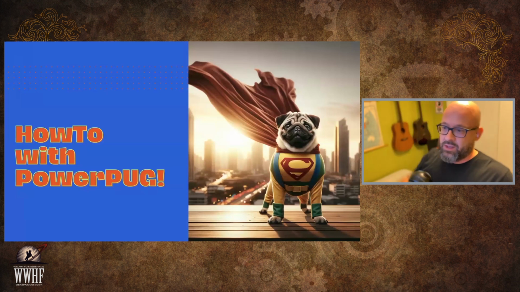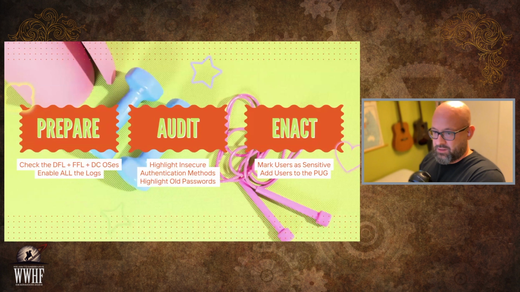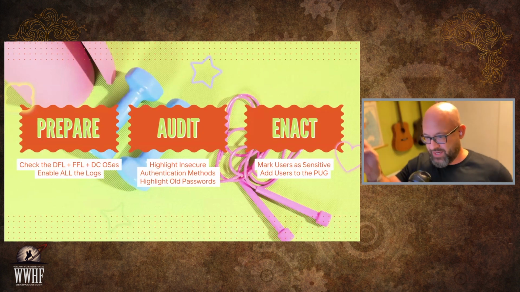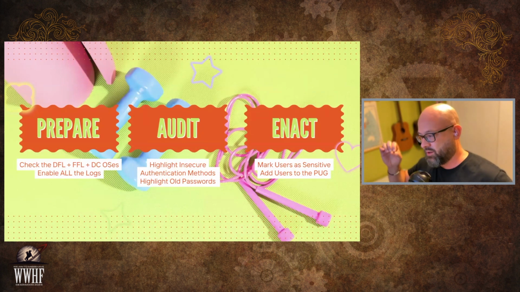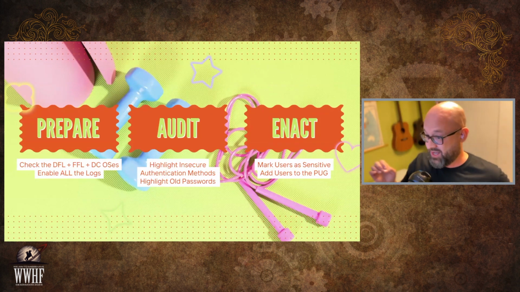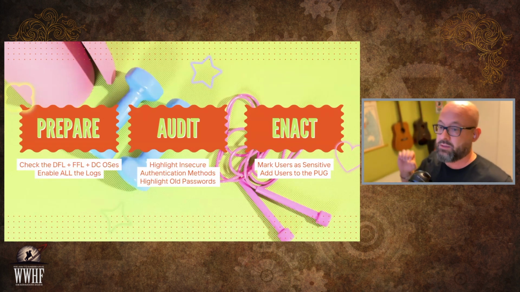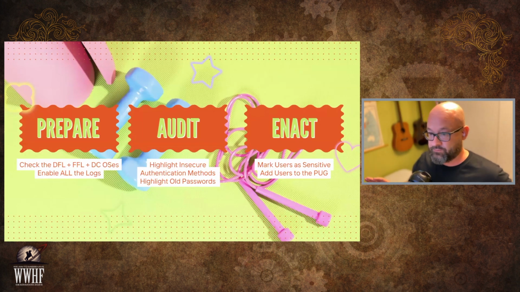So PowerPug will prepare your environment. It makes sure that you're up to the correct levels that are required, and if you're not, gives you guidance on how to upgrade those functional levels and or DC operating systems. It makes sure that all logging is enabled.